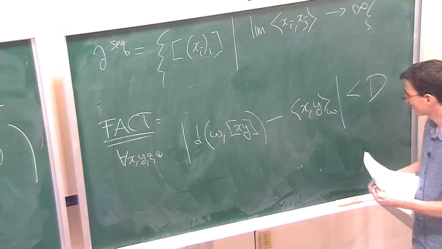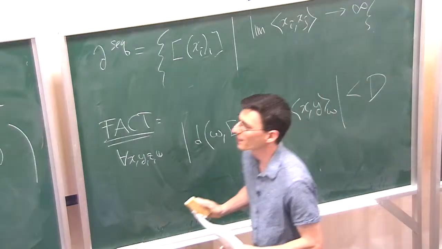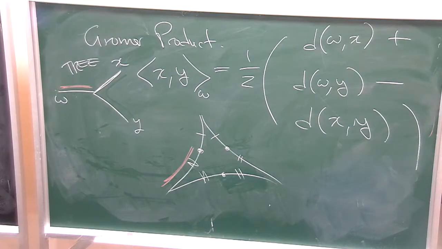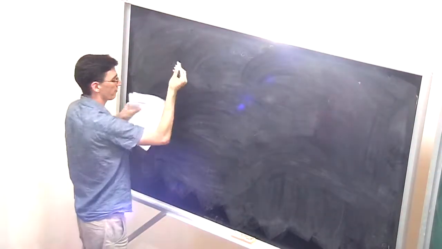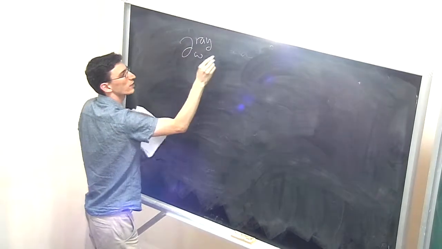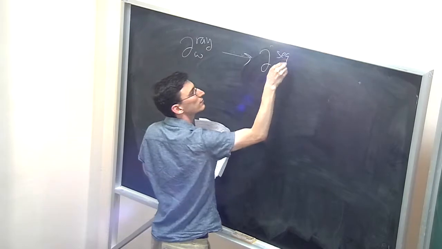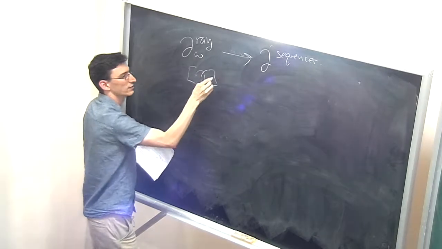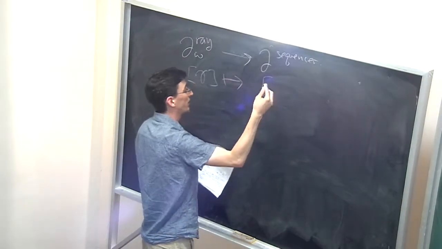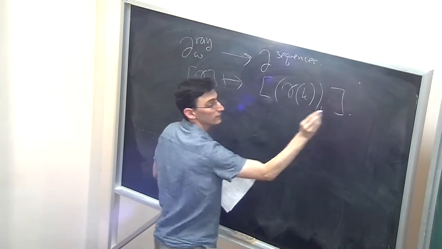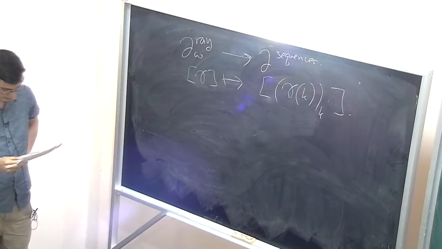Where was I? Okay, I want a map. We're going to take rays at W over to sequences: take your gamma and map it to just that sequence, gamma_k, say.